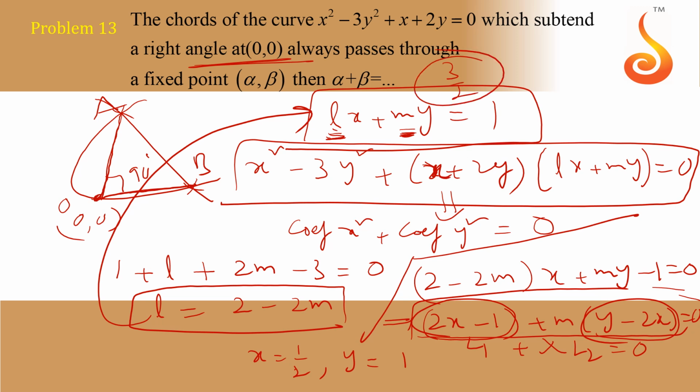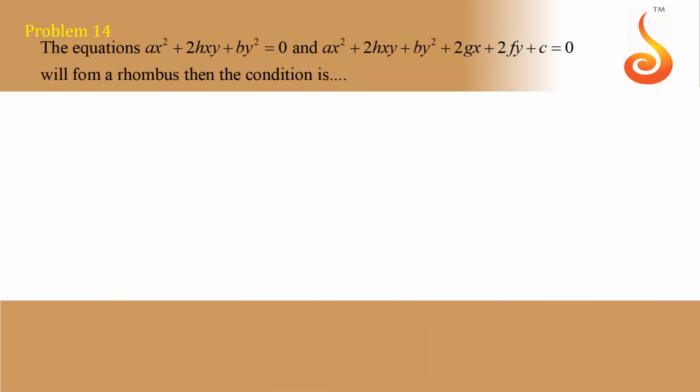So what you did, please observe carefully. The equation ax square plus 2hxy plus by square equal to 0, you know that is a pair of straight lines passing through origin. ax square plus 2hxy plus by square plus 2gx plus 2fy plus c equal to 0 will form a rhombus, means that is also a pair of straight lines, and this homogeneous part is same, no?